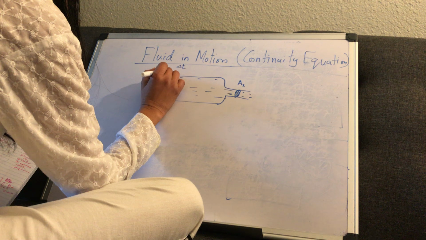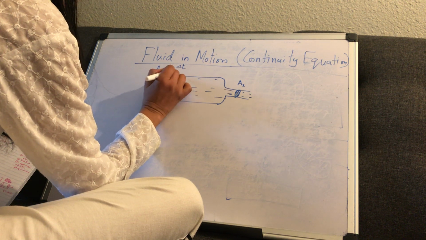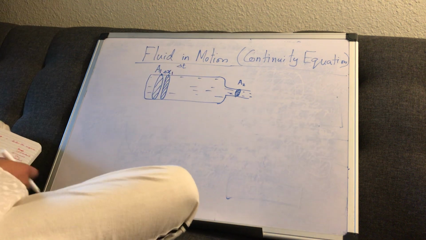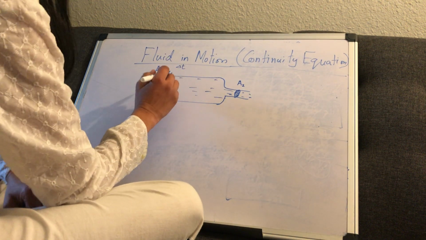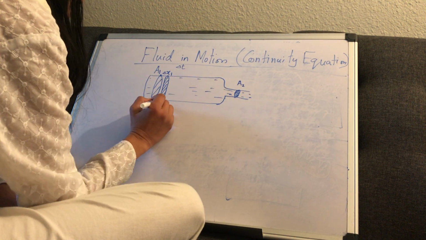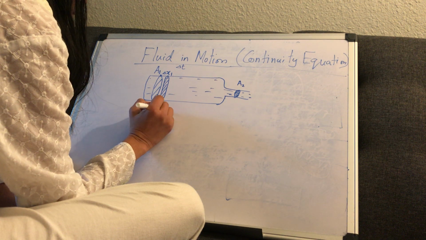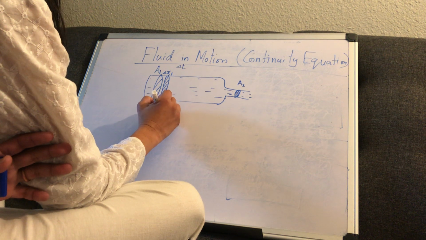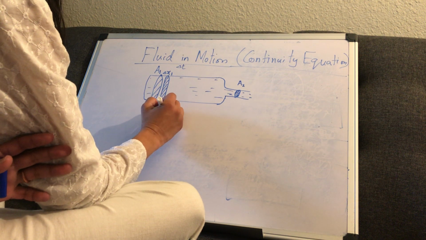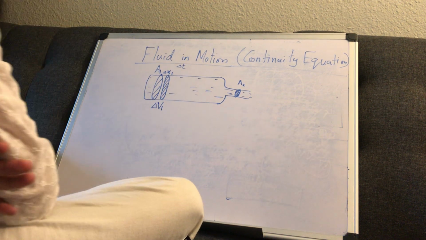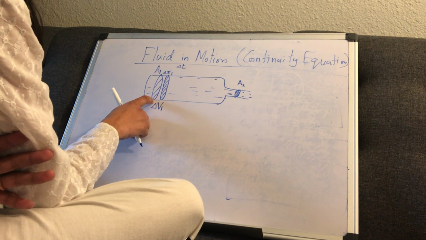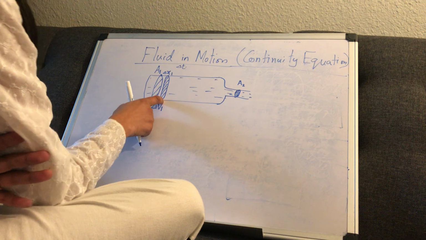Let's call this distance delta x1. So let's call a small volume element delta V1. In time delta t, it is going to travel from here to this distance.